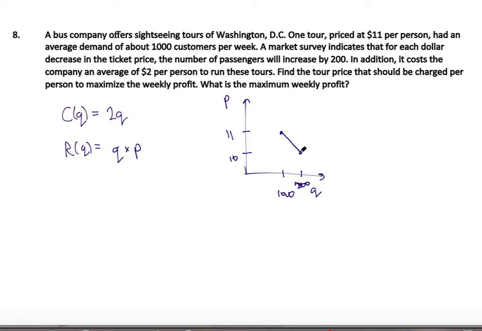So I have, again, a demand curve like this that we're assuming is linear. So the slope of this is just going to be 10 minus 11 over 1,200 minus 1,000. So this is going to be negative 1 over 200, or negative 0.005.